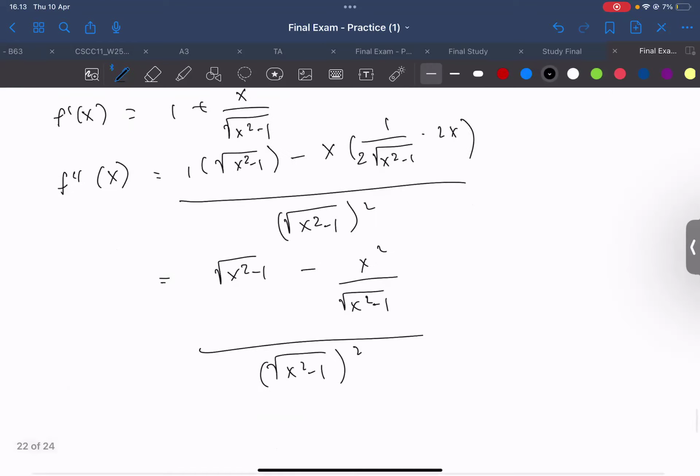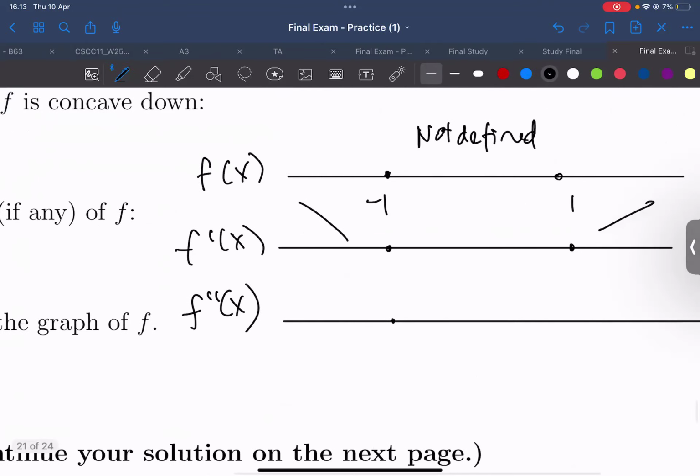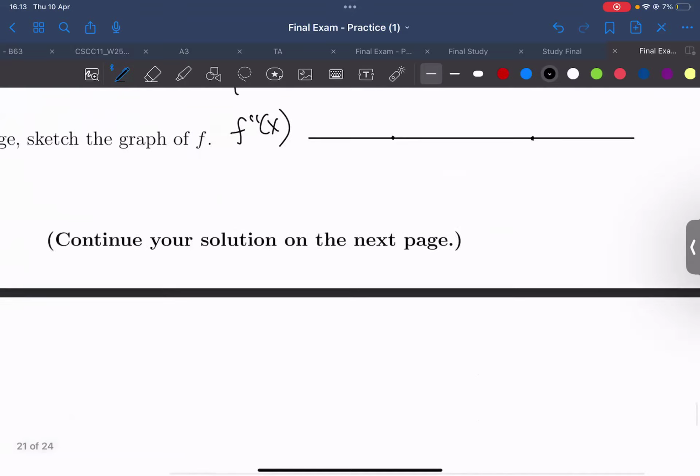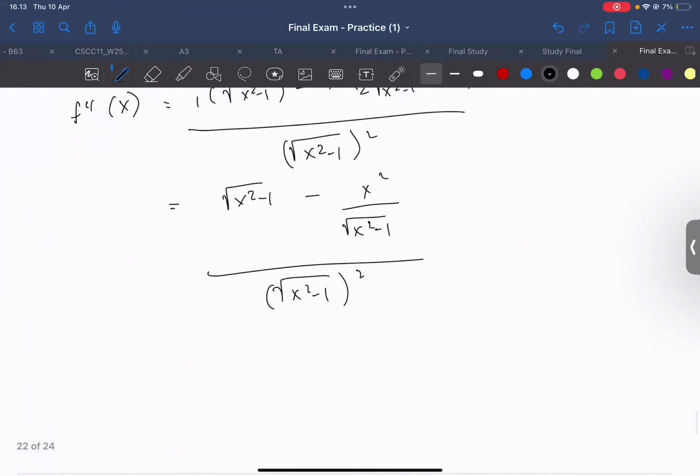Then you don't actually have to simplify it so much, but what you have to do is put in points, because we want to put in a point that is less than minus 1 and one that's above 1 to check the concavity in those two areas. So for less than 1, we can just do minus 10.